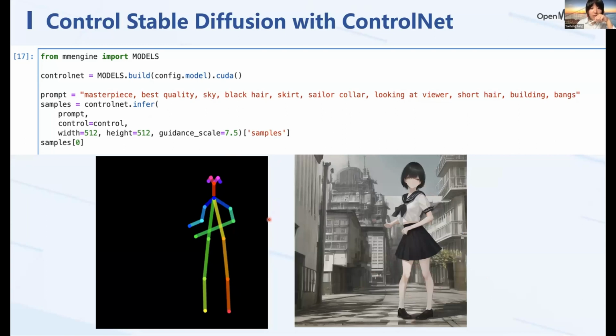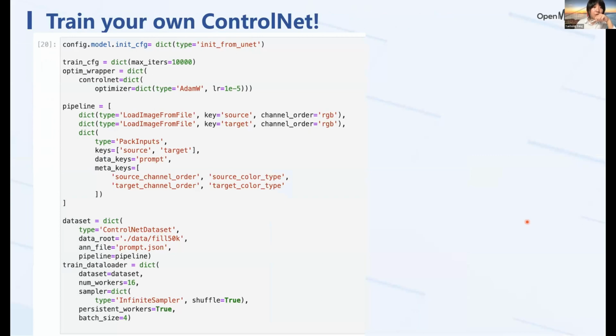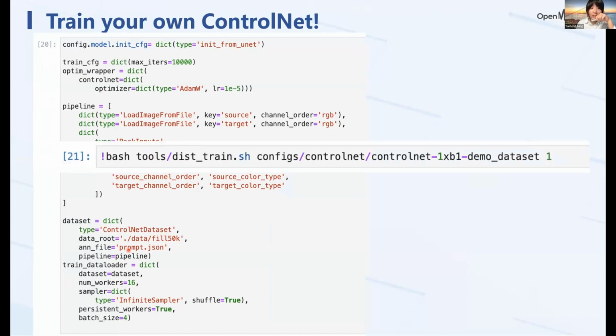Yes, I think they have the same pose. So if you want to train your own ControlNet, you still need to set these things, including training configuration, optimizer, and the pipeline used to process images, and the dataset, data loader, and finally the script to run your training.